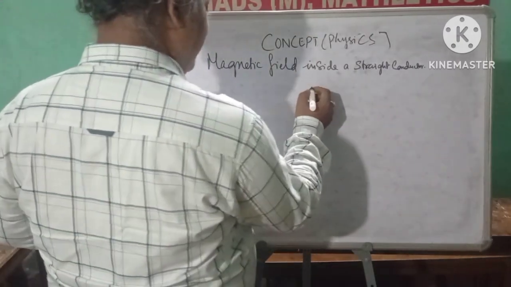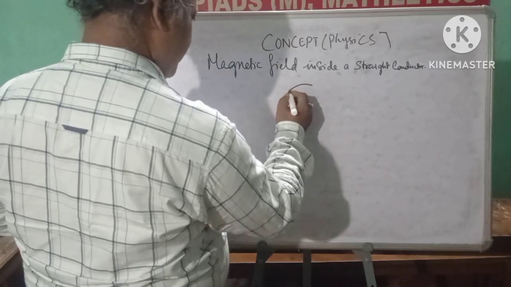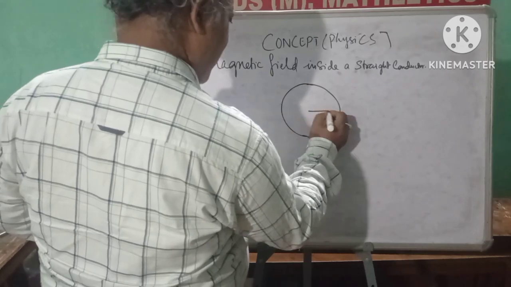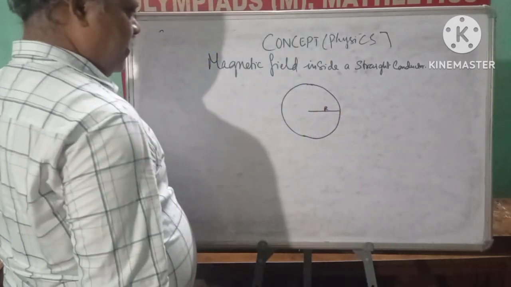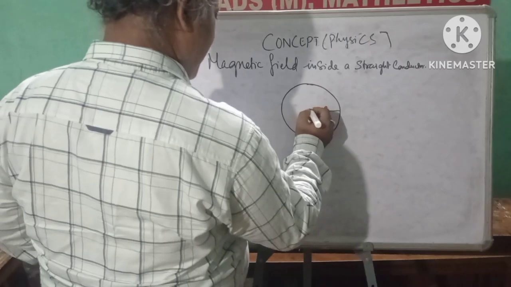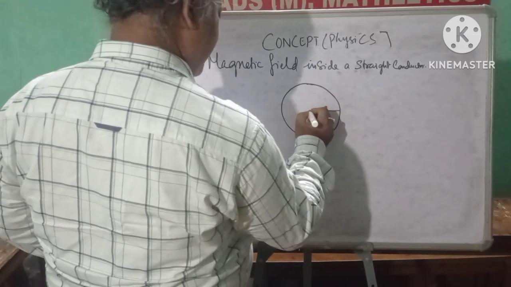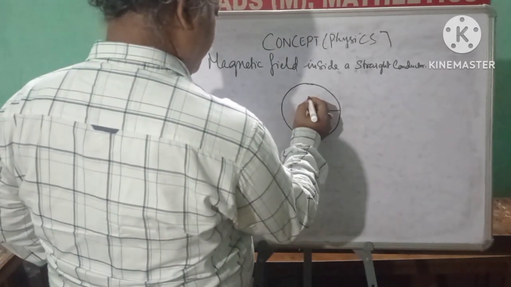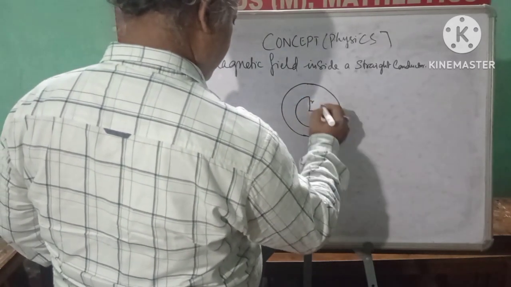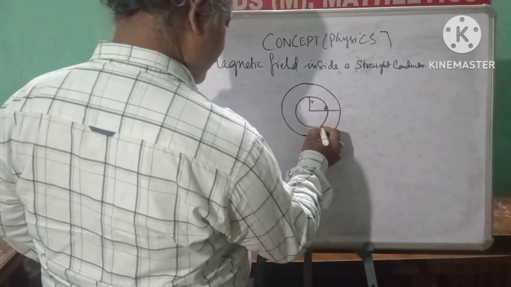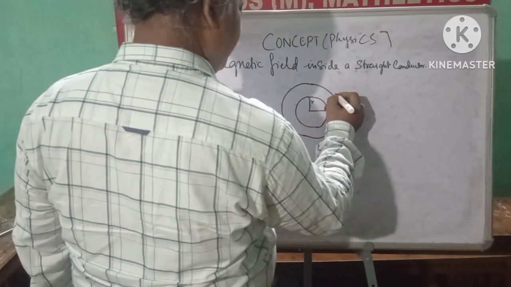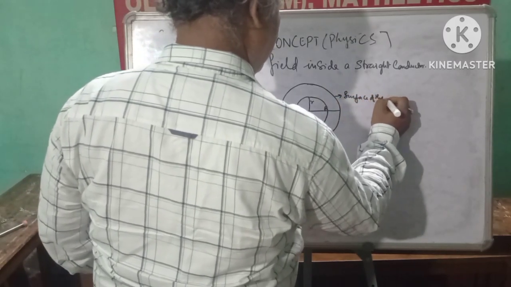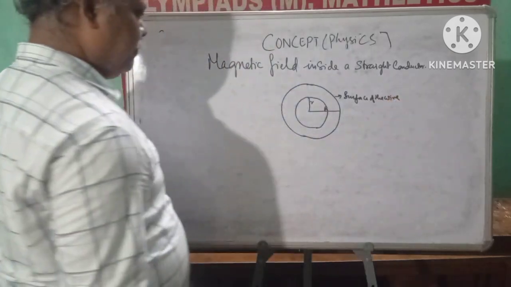So here you see that this is the surface of the conductor of radius R, and we have to find out what will be the magnetic field at a distance r inside the conductor. This is the surface of the wire.